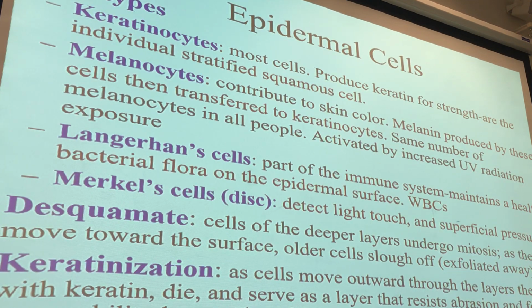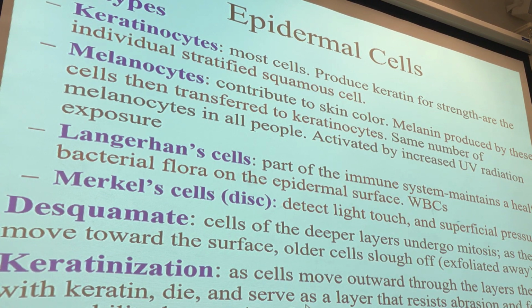So again, the desquamation process is a movement of those cells where newer cells push the older cells upwards. And what happens? The older cells, after many rounds of division, get pushed all the way up, and then you hopefully exfoliate them away. Keratinization is when, as the cells move up, they fill with keratin, they die, and the keratin is real thick and tough.